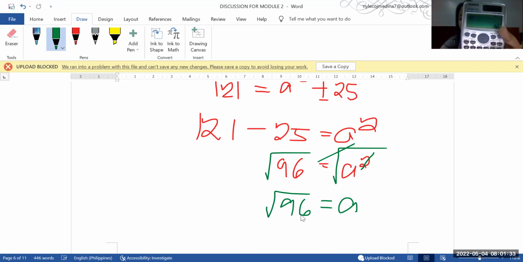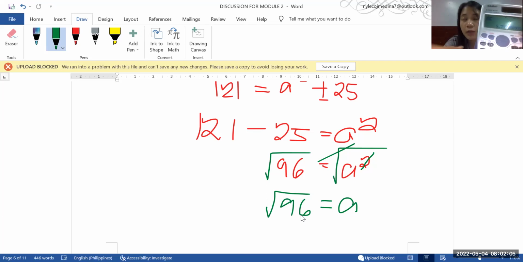If i-simplify tayo, that's equal to 4 square root of 6. Now, if i-change tayo into decimal, that will be the value 9.797958971.